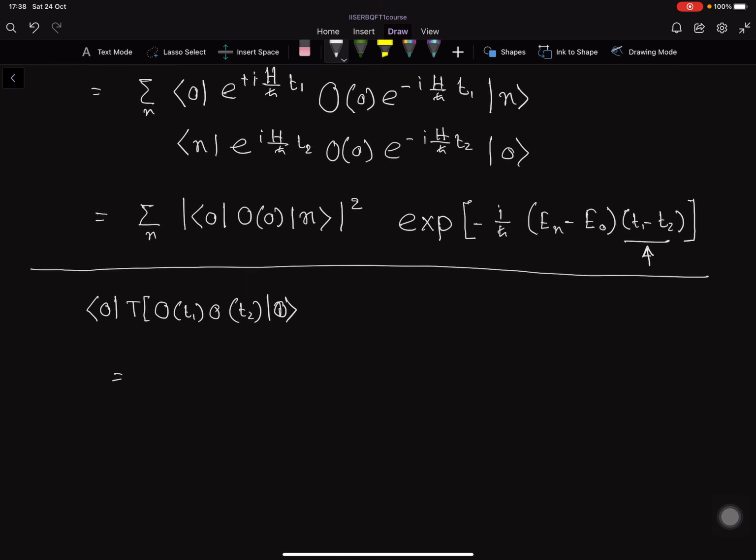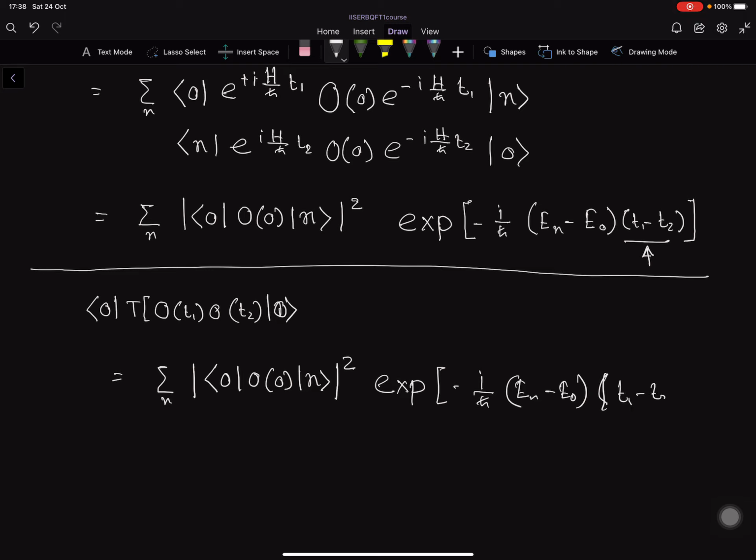So the expression will be the modulus squared times exponential of minus i by h bar (E_n minus E_0) times modulus of (t1 minus t2).